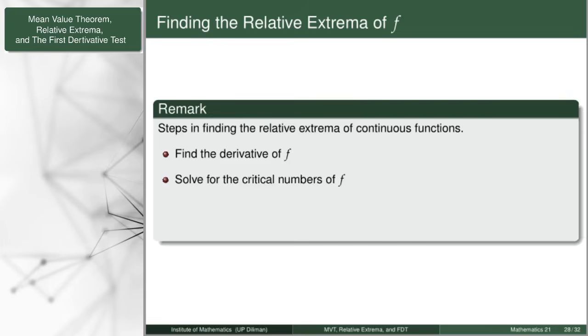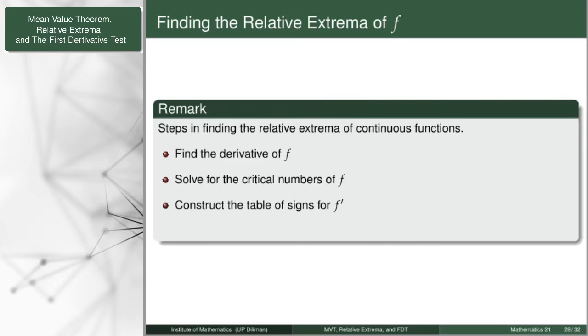After getting the derivative, you solve for the critical numbers, that is, the values that will make the derivative 0 or non-existent, and then construct a table of signs. Remember, I told you before that the critical numbers have this synergy with the sign by the intermediate value theorem applied on the derivative.